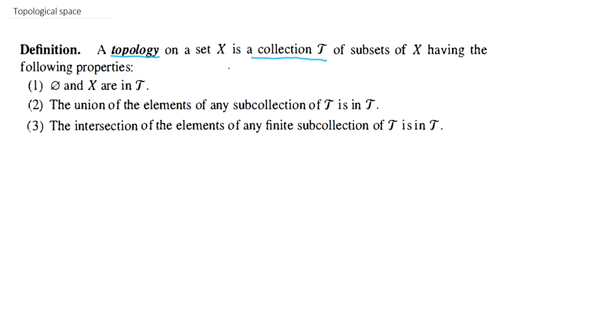So for example, because the topology is a collection T on a set X, if we have a set X here, and we have a collection T, and A and B are elements of the collection T, then those A and B should be sets.